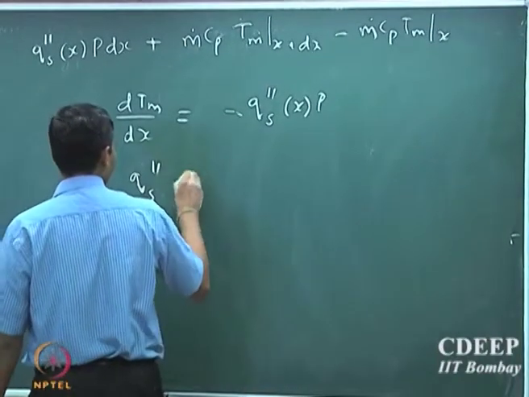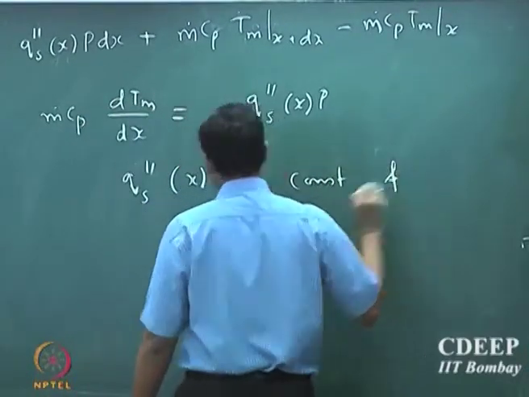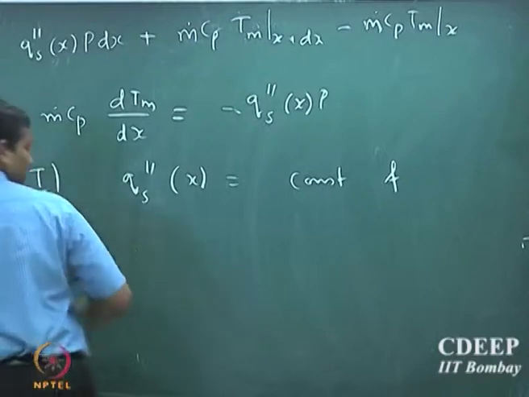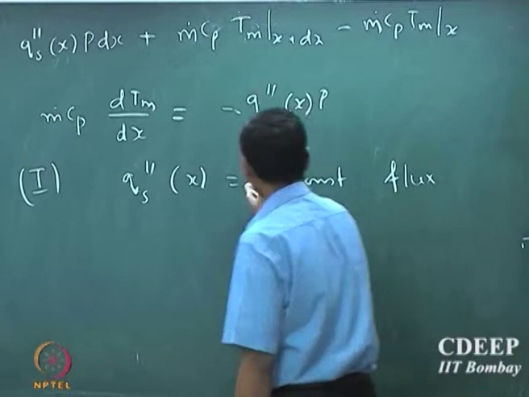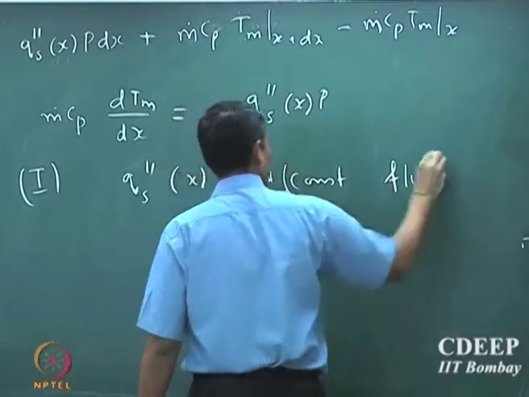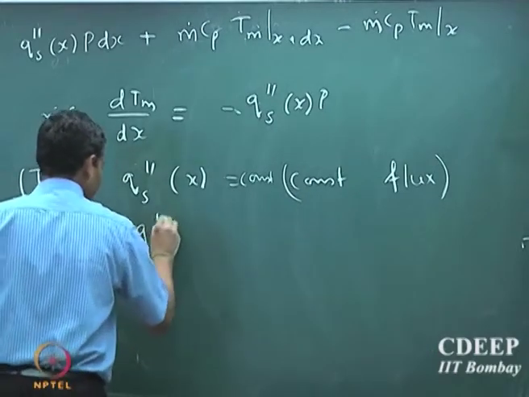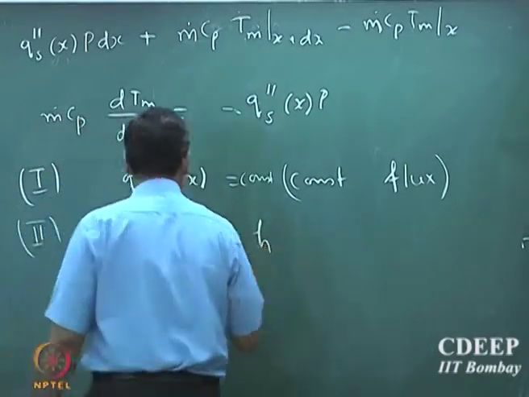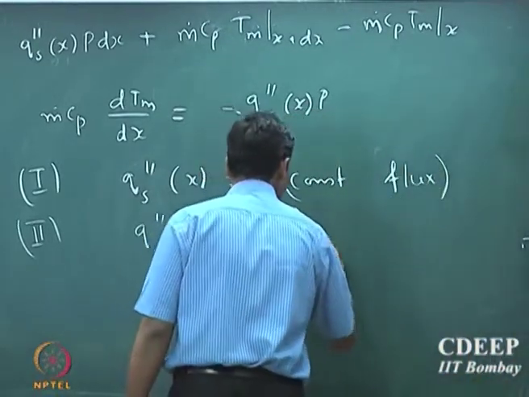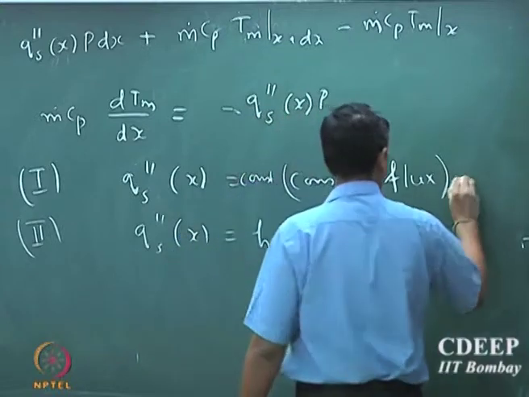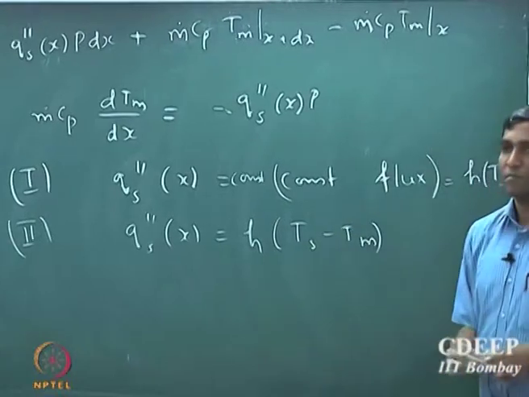If it's a constant flux, then this is constant for the first case. If it's constant temperature, Qs is given by some heat transport coefficient multiplied by Ts minus Tm, right?